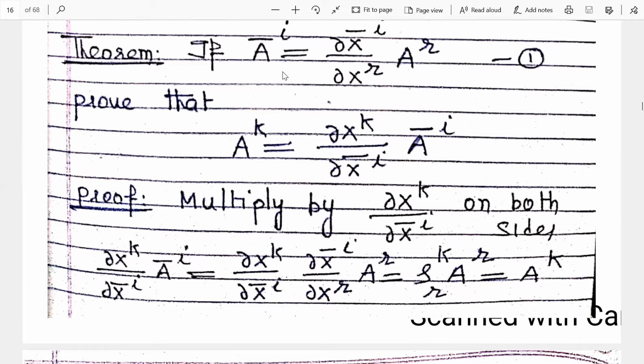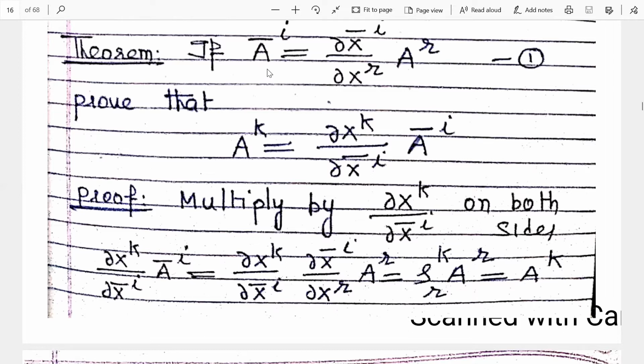So simply we multiply this term, ∂x^k/∂x̄^i, on both sides, right? Now what is this term? This is ∂x^k/∂x̄^i into A bar i.